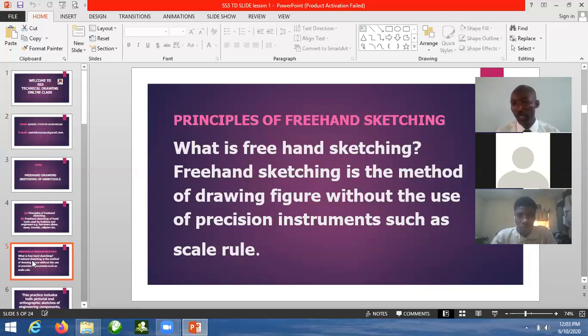What are these precision instruments? Precision instruments are instruments like scale rule, ruler, compass, set squares, and so on. Generally, we can regard them as drawing instruments. It is drawing without using a drawing instrument, except pencil and eraser.